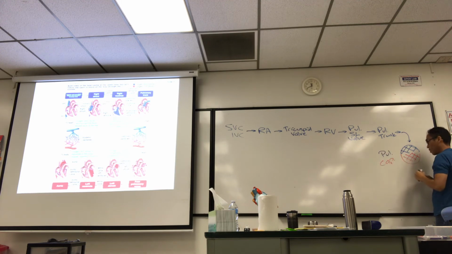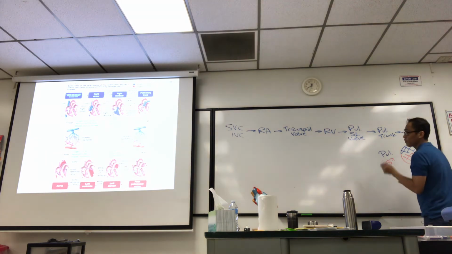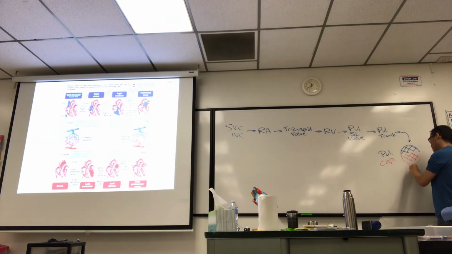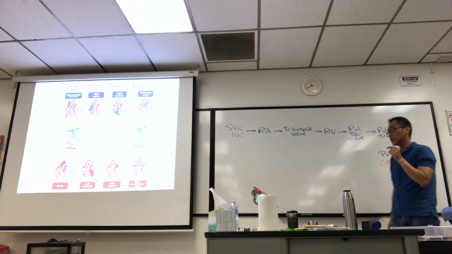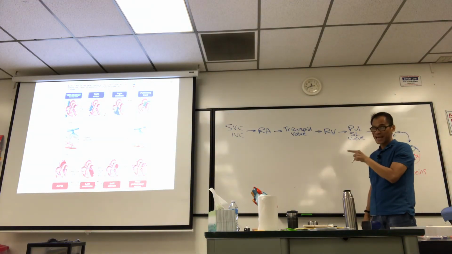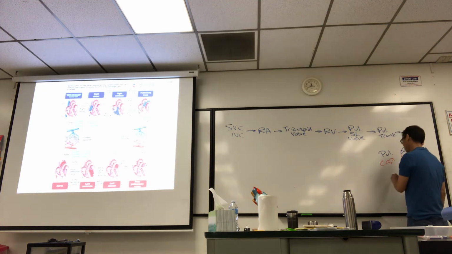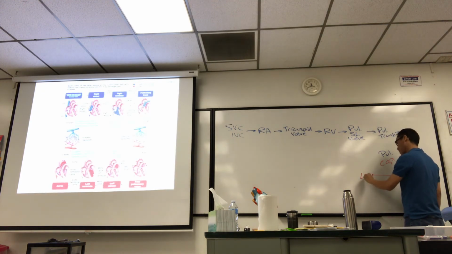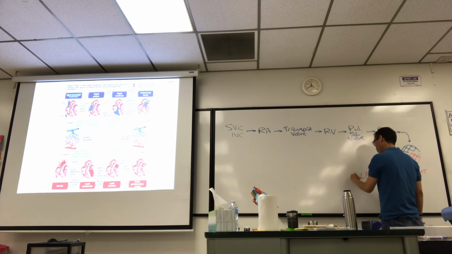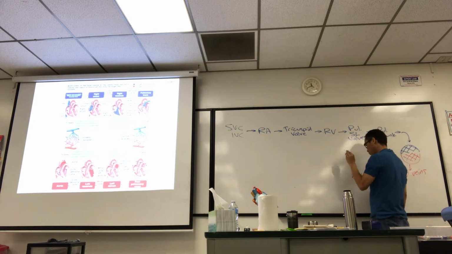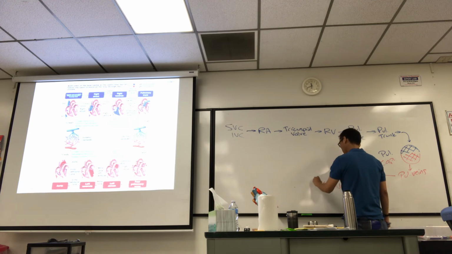Pul capillary. Well, anyways, it's the job of the 4 pulmonary veins, pul veins, to deliver this oxygenated blood to the left atrium, LA. And then blood will flow forward from LA through an open bicuspid valve to the LV.